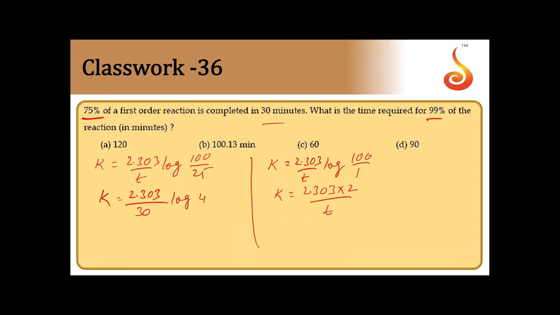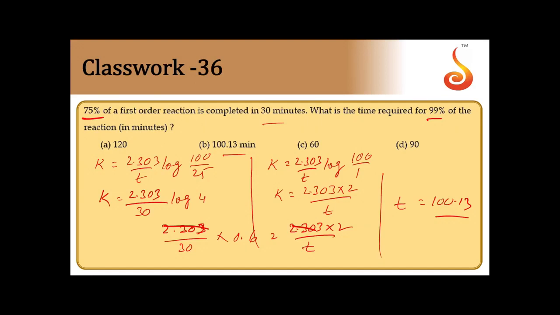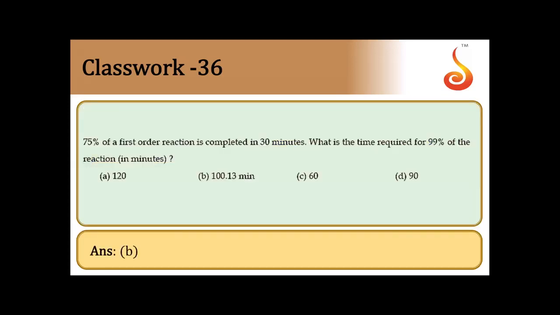So 2.303 by 30 into log 4, log 4 is 0.6, is equal to 2.303 into 2 by T. So this value gets cancelled here. Simplifying further, you get the value T as 100.13. So answer is option B. 36th one, option B.